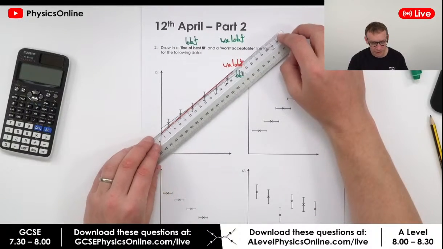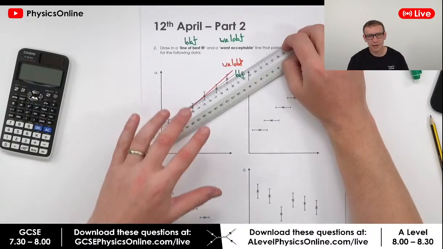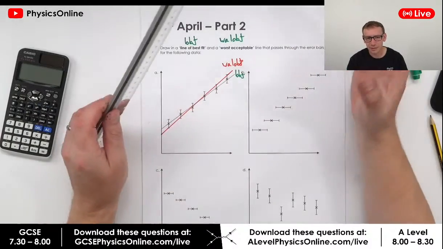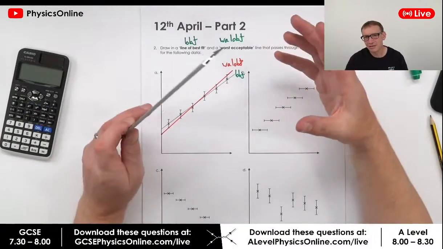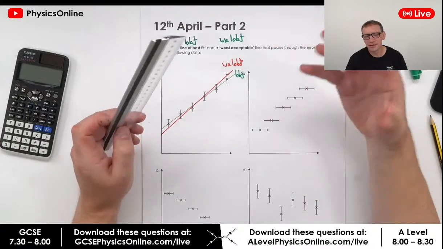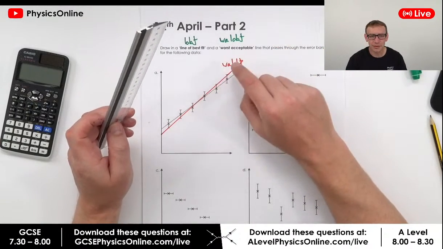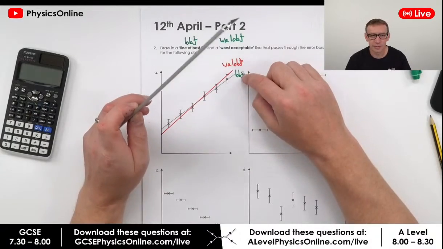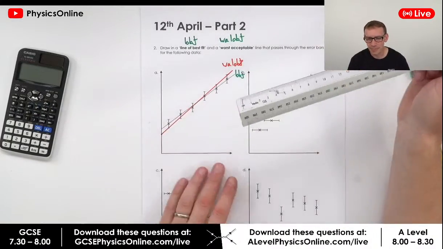It's just a line that would go through, in this case, the error bars. For some people in Edexcel, this might not be in your course, but it's still relevant to understand, because if you've got your line of best fit and your worst acceptable line, you can use that to work out the uncertainty in your data.